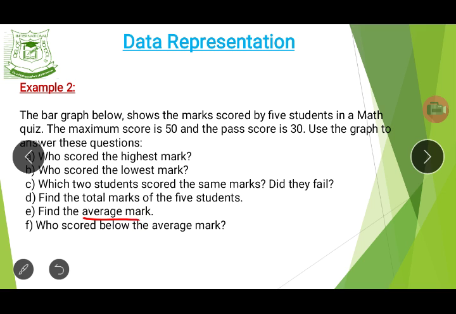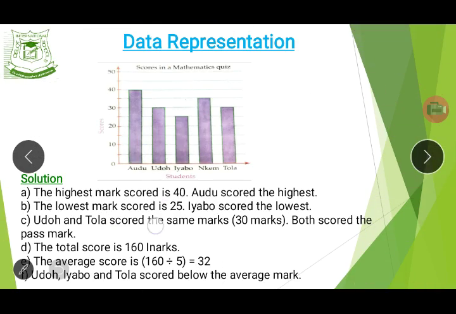And then find the average mark. The average, you remember from our measures of central tendency, average or the mean, as we can see, is the sum of all the numbers divided by the amount of numbers that were given. So the total sum of numbers here is 160, right?